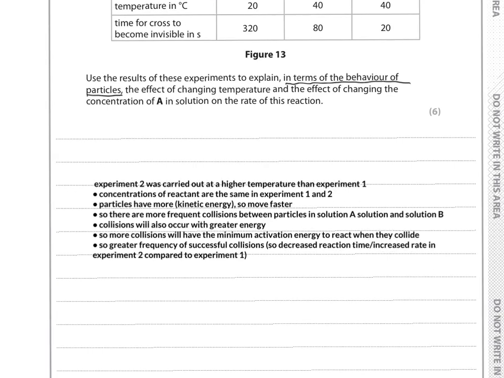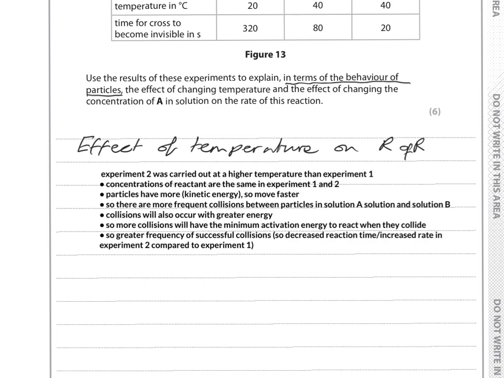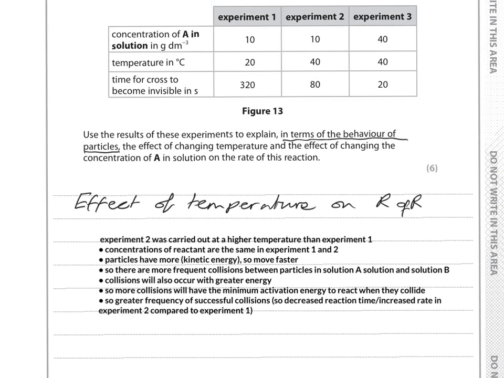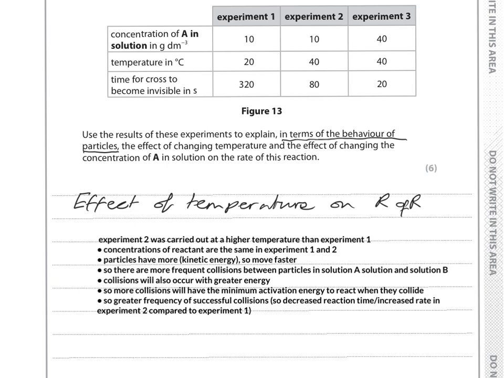So the next thing to do is to describe the effect of temperature on rate of reaction. So if we have a look at the results, we can see the difference between experiment 1 and experiment 2. We have doubled the temperature of the reaction, but the concentration has stayed the same.